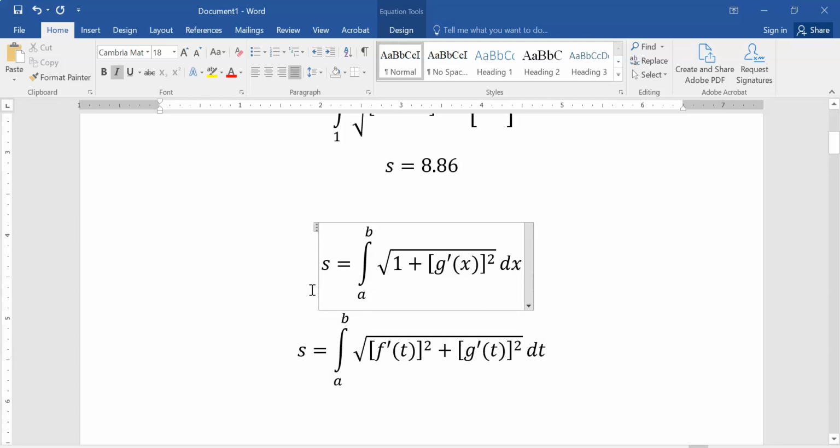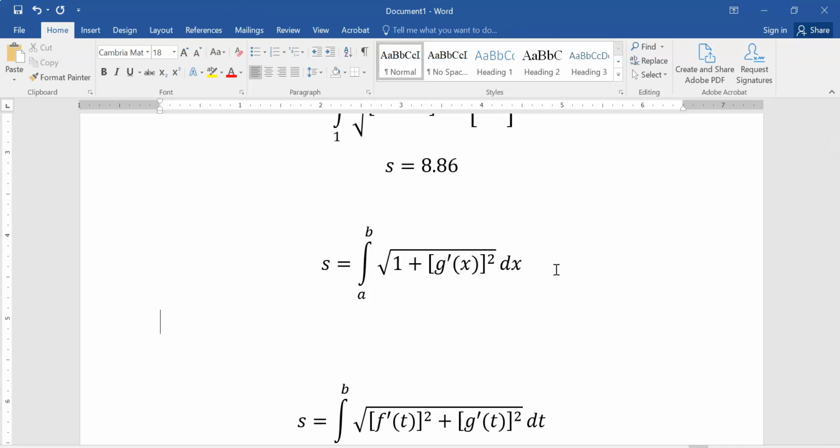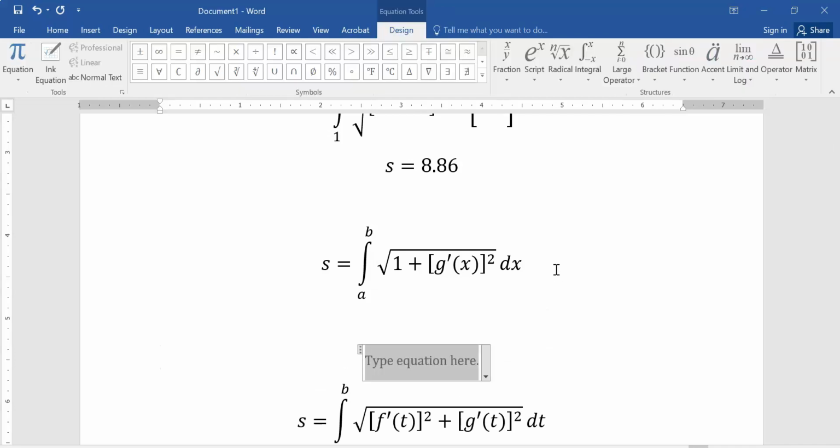Now, this actually is the exact same thing that we have here if x and t are the same variables. In other words, if we had a parametric situation where I let x be equal to t and then y is equal to some function of t, what would have happened?